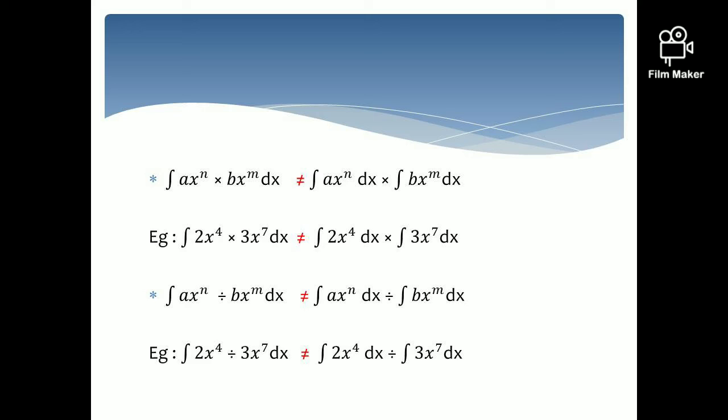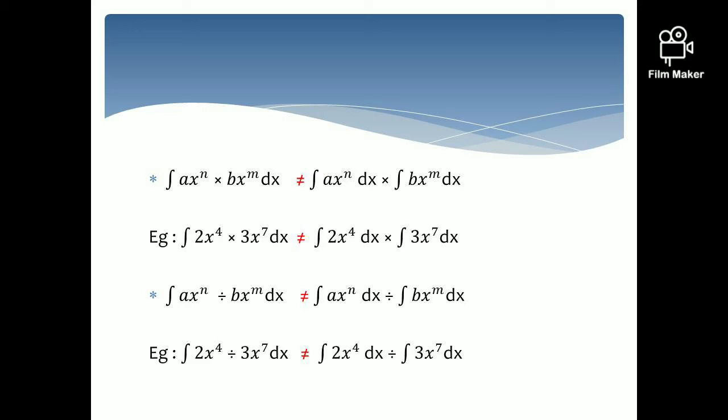As I mentioned in the previous slides, if you integrate ax to the power n into bx to the power m, you can understand that these two x terms are separated by multiplication. Therefore, you cannot write it as ax to the power n dx into bx to the power m.